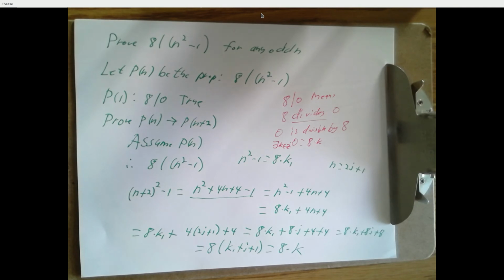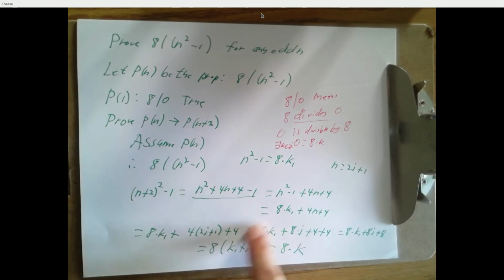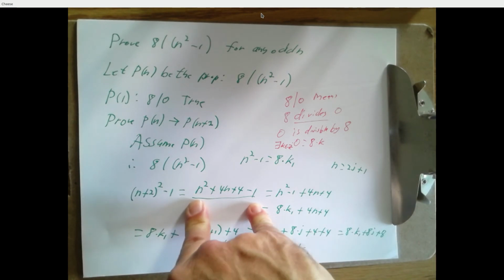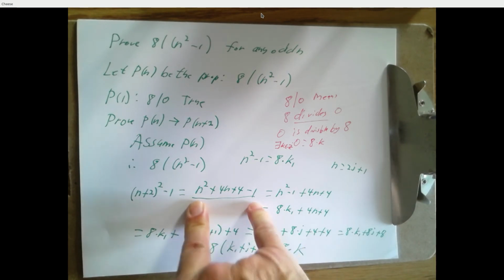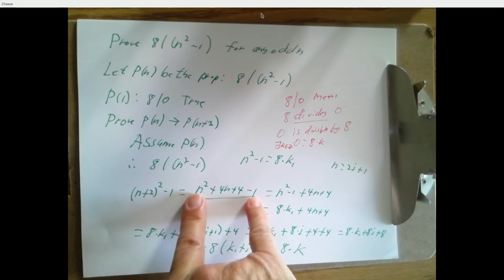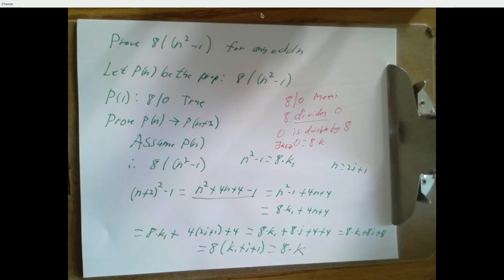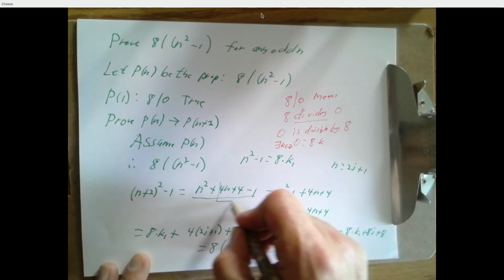So the first time I did this, I had no idea that this was going to work. It's kind of desperation, right? You've got to do something with P of n plus 2, which means showing that this is divisible by 8. So you expand it, and that n squared minus 1 just kind of screams out at you because you've got to use P of n somehow, usually. And that's P of n right there. Just take that n squared minus 1 and write it as a multiple of 8. And then you're left wondering, what am I going to do with this 4n plus 4?